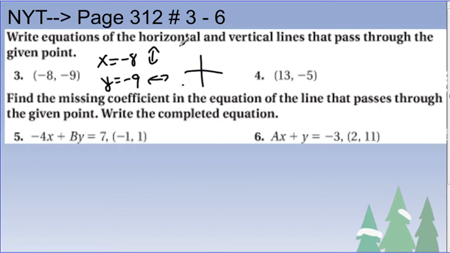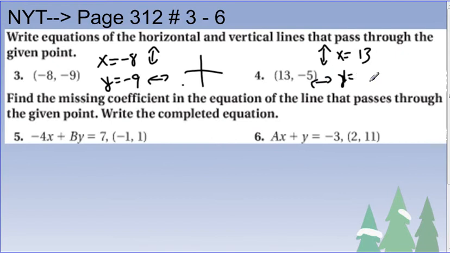All of these points here have an x value of negative 8. That's the vertical line. And you'd go down 9. All of these points here, these are the horizontal lines. All these points have a y value of negative 9. Done.